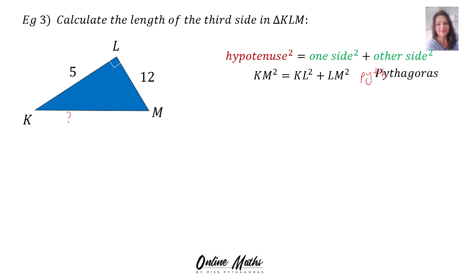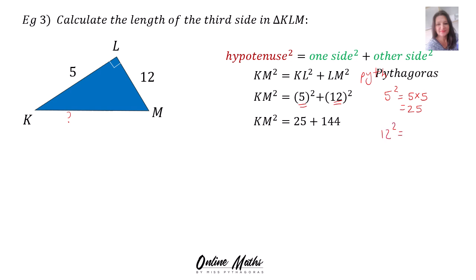Now let's see. KM squared, that's what we're looking for, equals KL is 5 when we substitute, plus LM is 12 when we substitute. So therefore, 5 squared means 5 times 5, which is 25. And 12 squared means 12 times 12, which is 144.